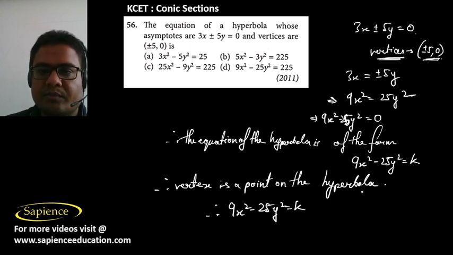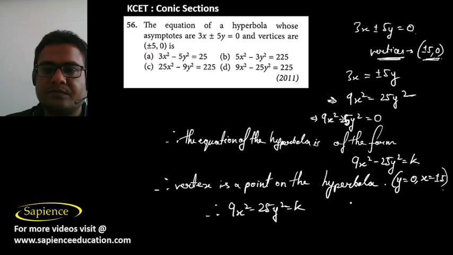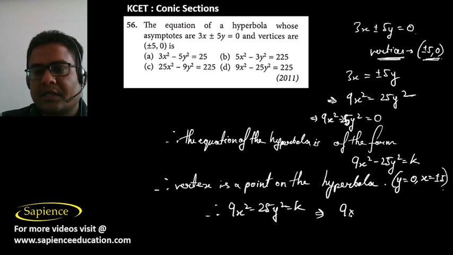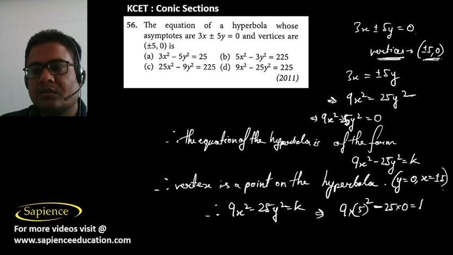So for the vertex, if I put y equal to 0, then x equal to plus or minus 5. So therefore 9 into 5 whole square minus 25 into 0 is equal to k.